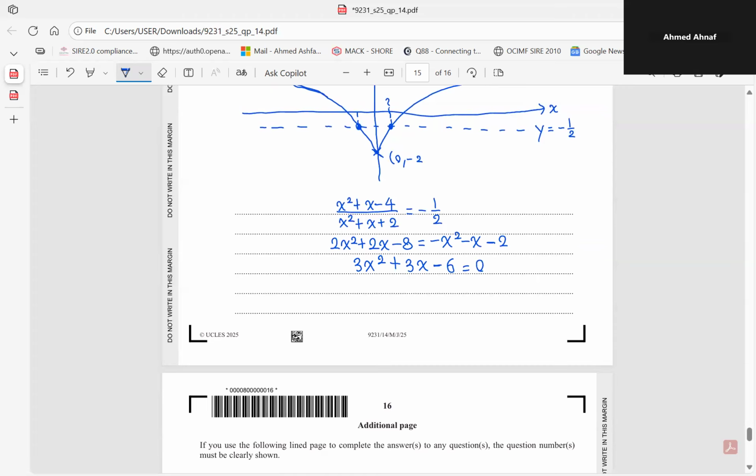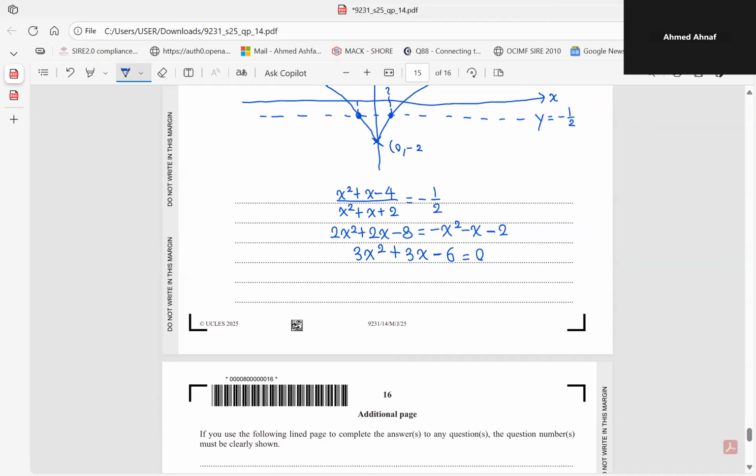All right, now just factorize. Simplify, so divide by 3. You get 3 times x minus 1 and x plus 2. Hence the critical points would be x minus 1 equals 0, so x equals 1, or x plus 2 equals 0, which is x equals negative 2.